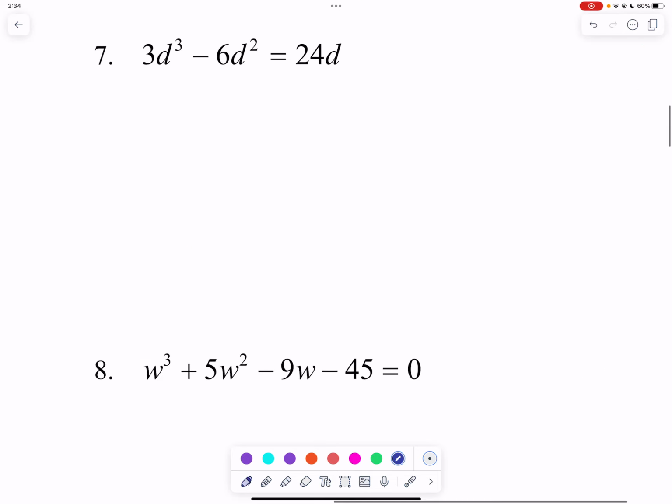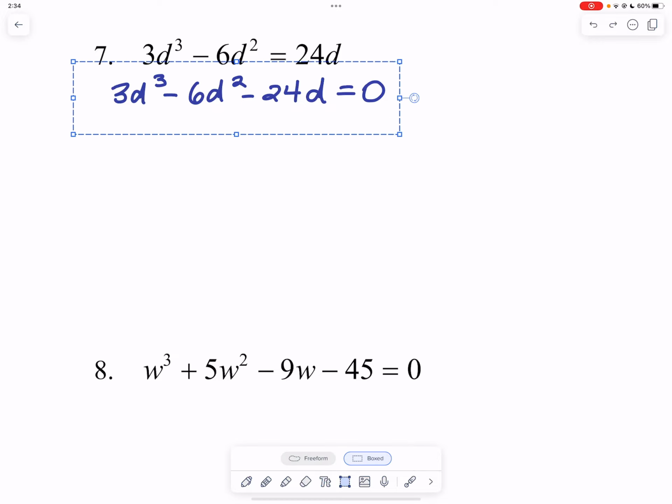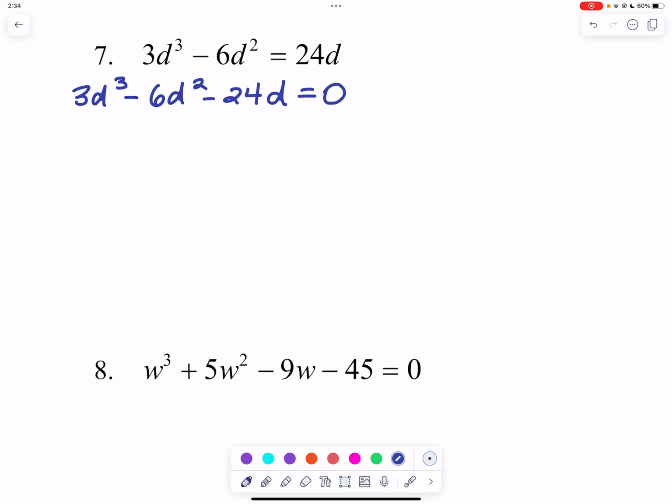Look at number 7. We can see that we will need to set this polynomial equal to 0 so that we can factor it. So we will subtract 24d from both sides. Now that our polynomial is set equal to 0, what we would like to do is factor out any common factors.